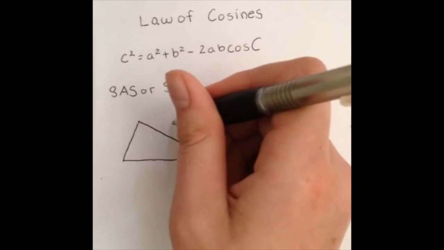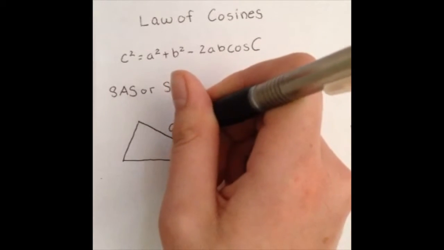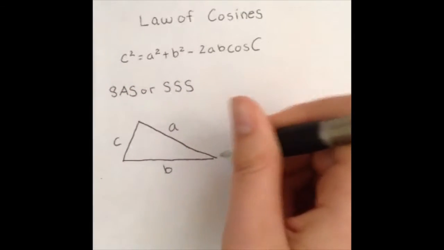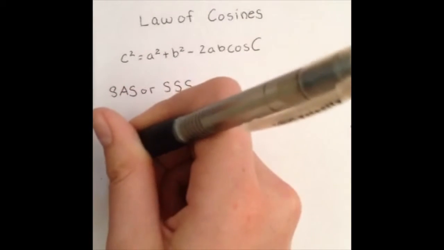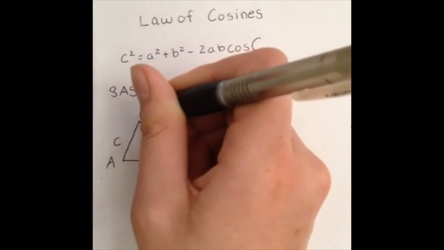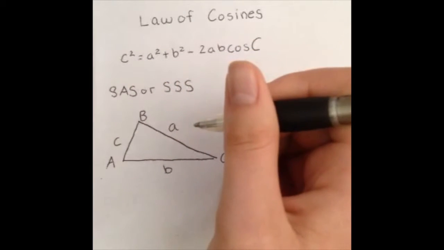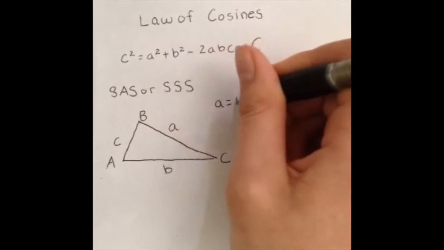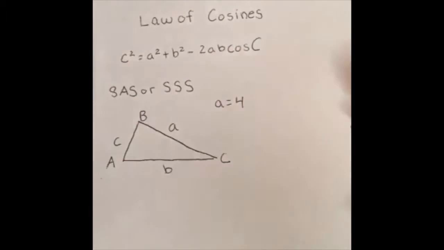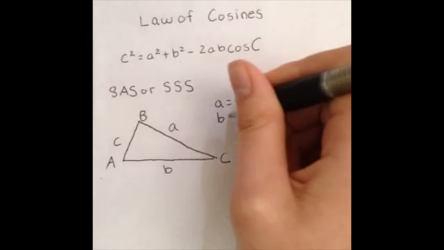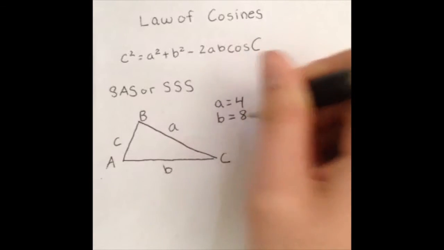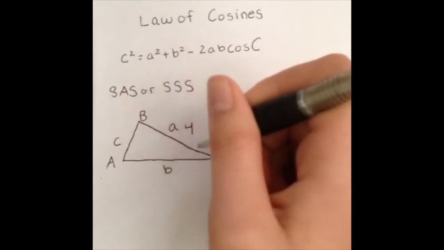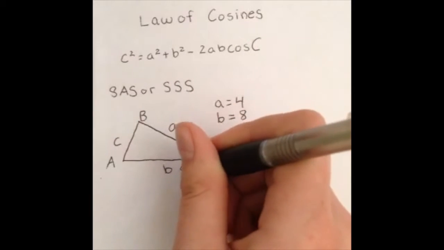We have side A, side B, side C, angle A, and angle B. We know that side A equals 4 and that side B equals 8. And we'll put that into our triangle. So A is 4 and B is 8.